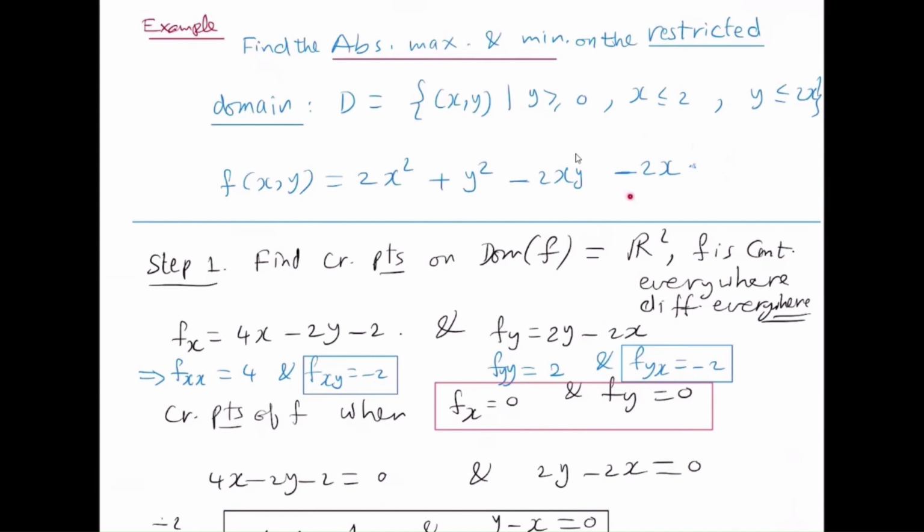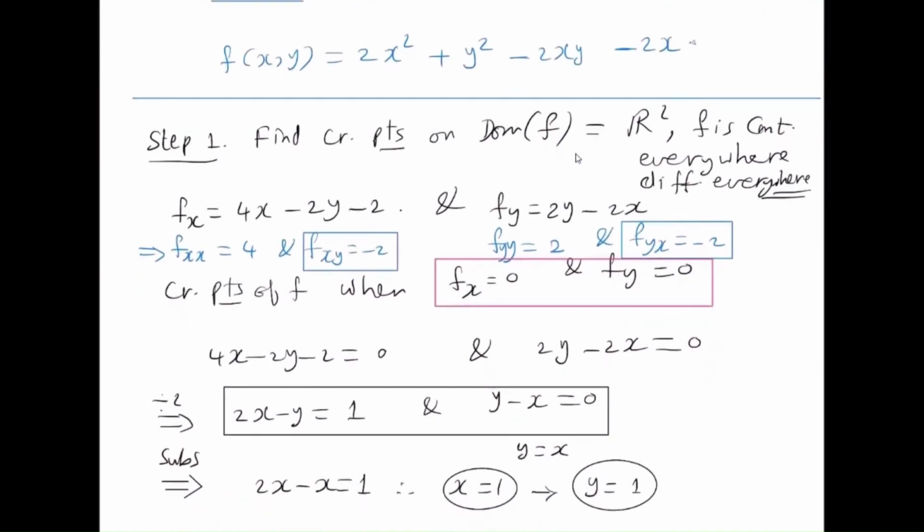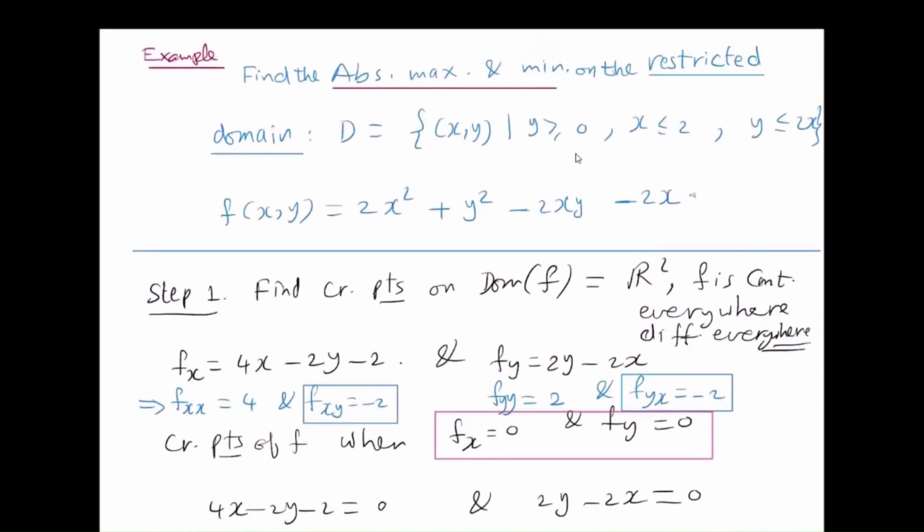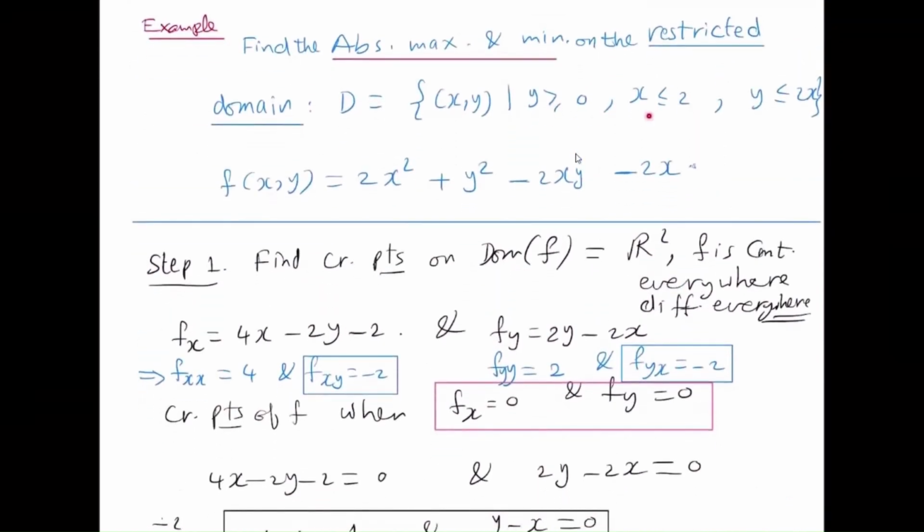You are given this function and you are asked to find the absolute max, absolute min of it, provided that the points are in this closed and bounded domain. So you go for local max, local min. Stage 1, you find the critical points as usual, but provided that they have to be inside this region. If they are outside this region, reject them.